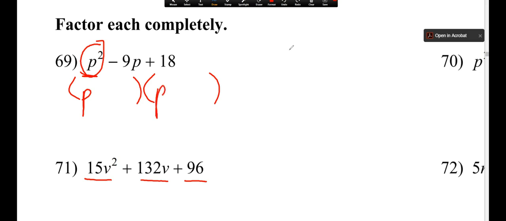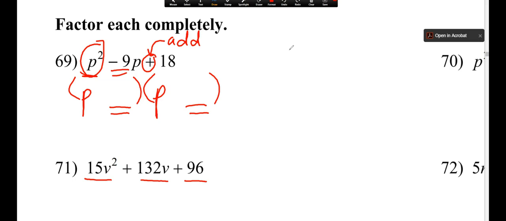Well, if you remember, that's the easy part, right? Yeah. Okay, so really what I need now are things that multiply together to give me 18, but they have to add, and when I look at that sign, I see that they have to add up to -9.